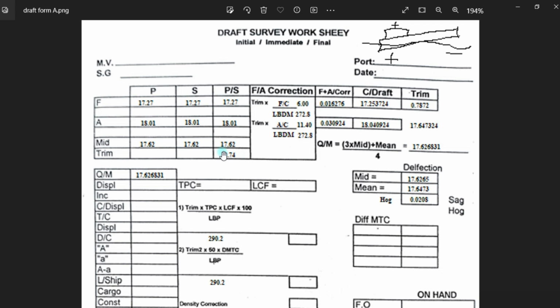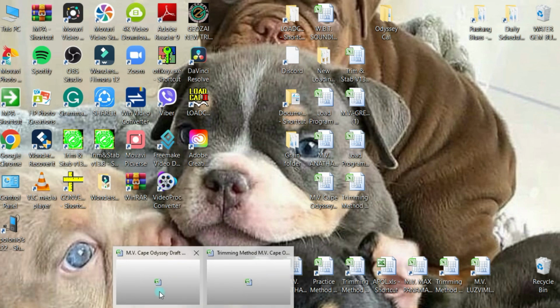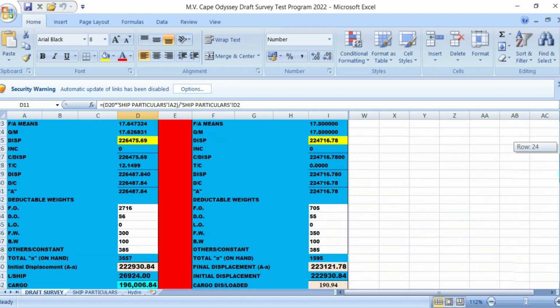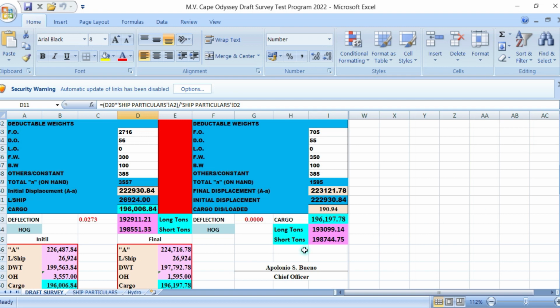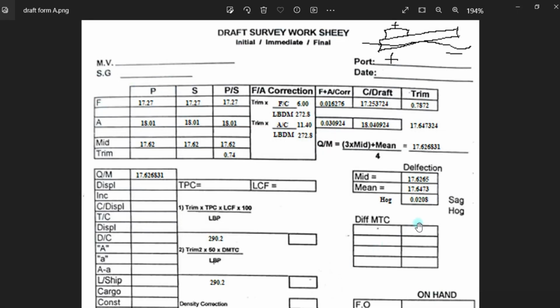Your mid is 17.62 and your mean is 17.64, which is hog by 2 centimeters. Okay, so by checking, you have a deflection of 0.02, hog, 0.027.